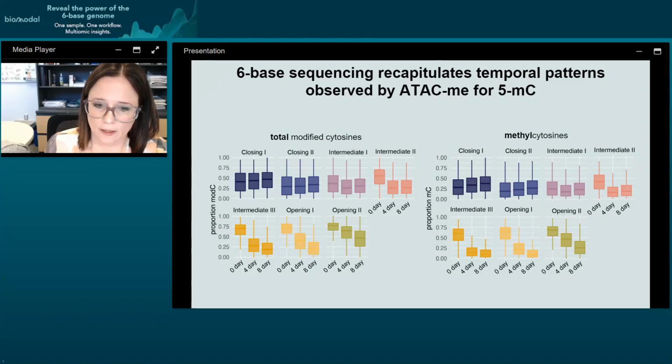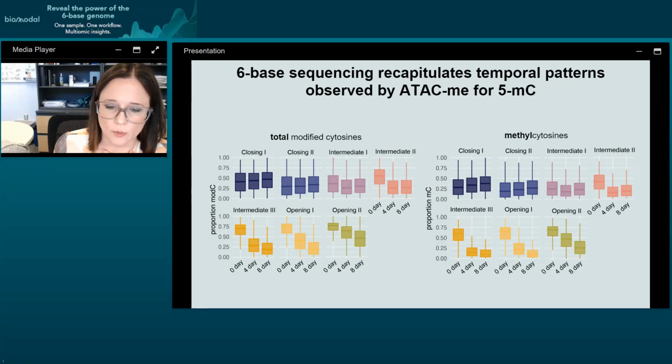So we collected 4 different time points for the 6-base sequencing that represented the beginning, the intermediate, and the end of the differentiation protocol that we had performed for ATAC-Me.